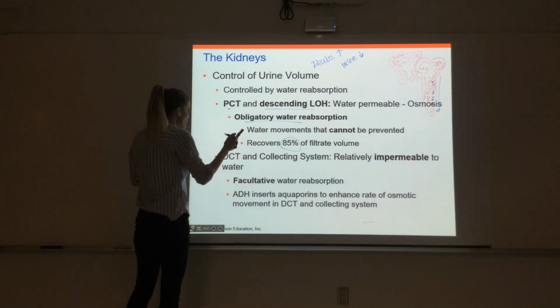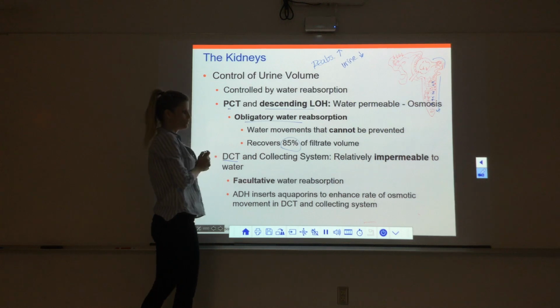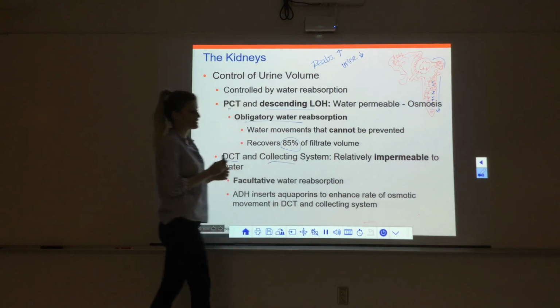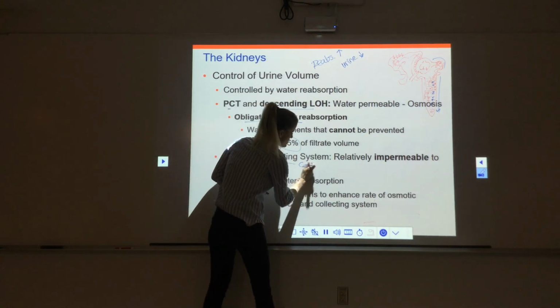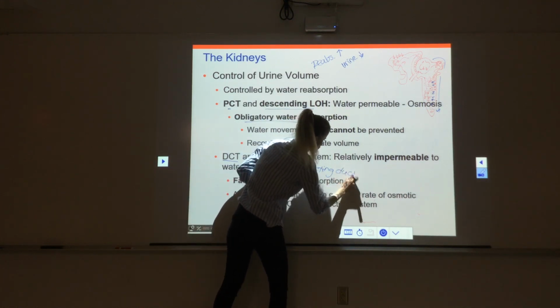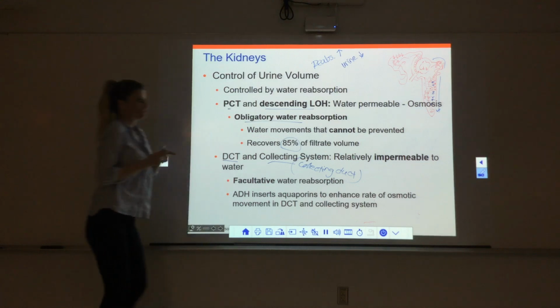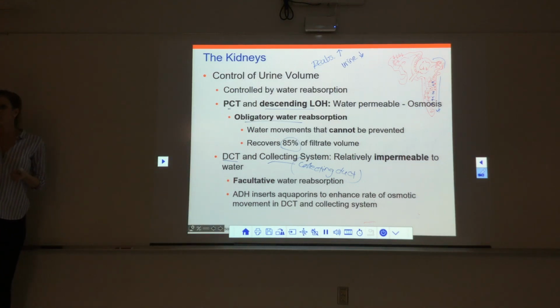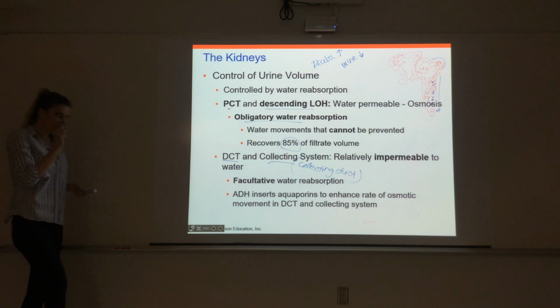However, remember that the distal convoluted tubule and the beginning of the collecting system, so what I mean by that is the collecting duct, are relatively impermeable to water. Remember we just said water doesn't like to cross those walls unless we do something about it, right? Remember those little aquaporins?